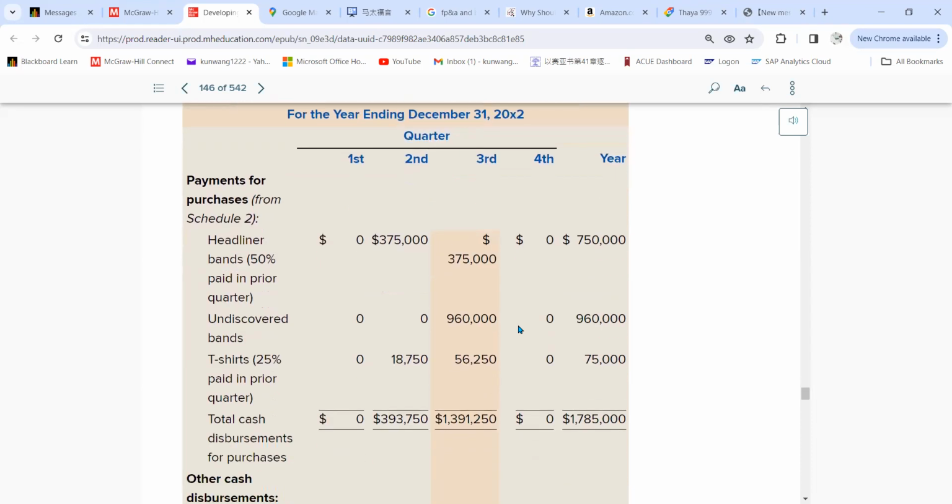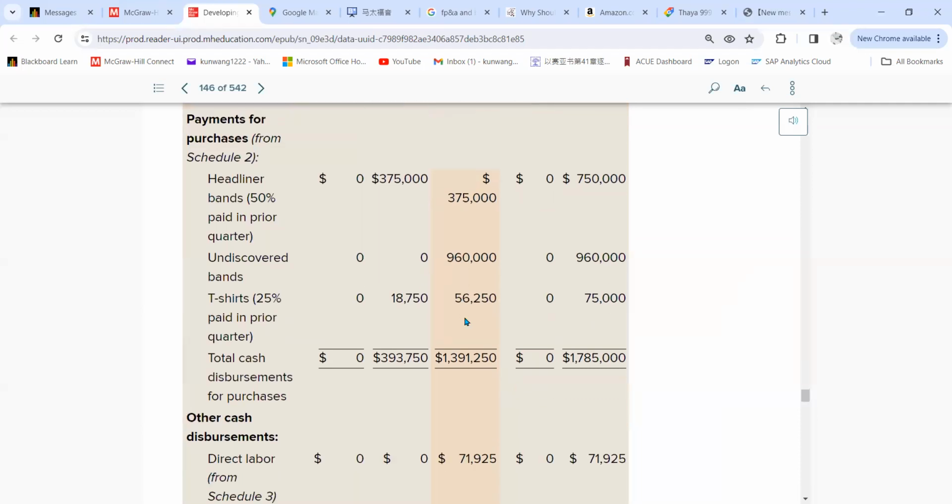So you can see here, for the music purchasing budget, the music purchase like the band, we pay in the second quarter as a prepayment, right? Then you pay the other half during the event. And all the secondary bands you pay on the spot, the total amount.